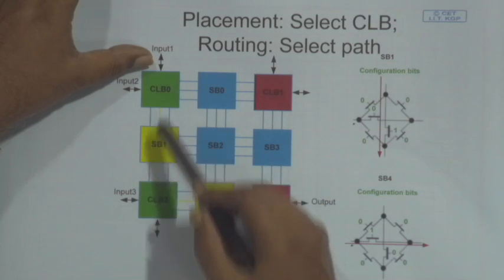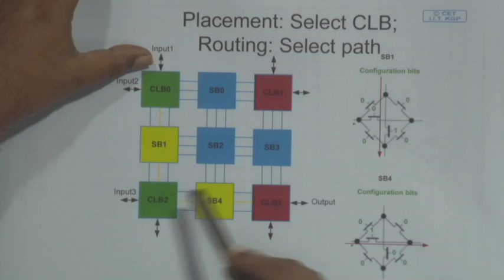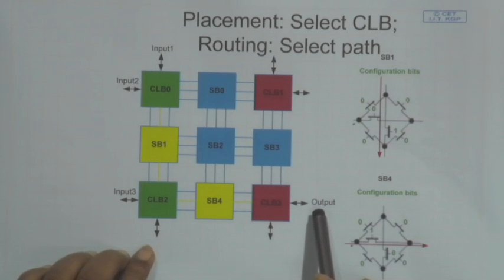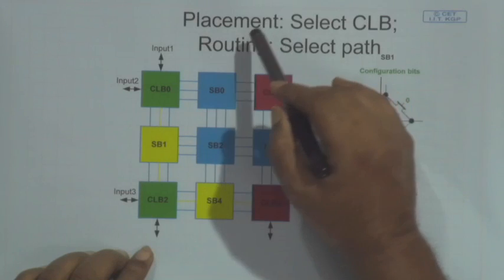Okay. And I can take the output directly from here, or suppose I want to take the output from this CLB, just for the sake of it. I could have taken it also from here. Then my interconnections. So, this is first of all placement.